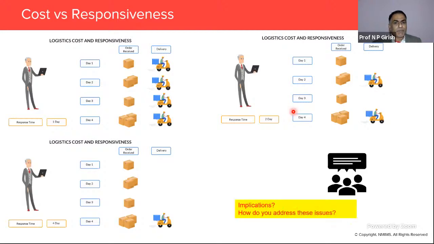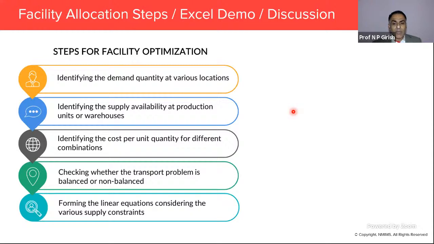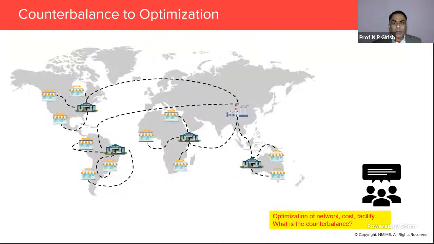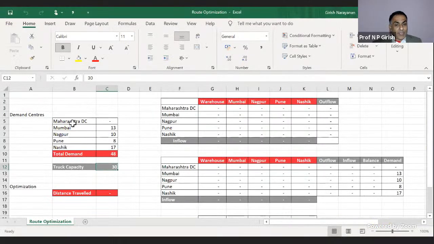Okay. Before I move here, let us talk about the Excel file. In the route optimization model, you have the DC in Maharashtra from where goods have to be moving, right?